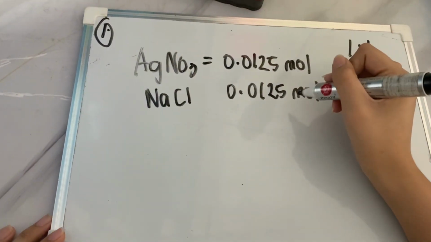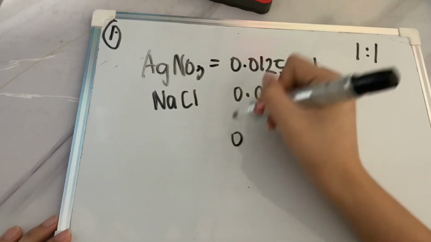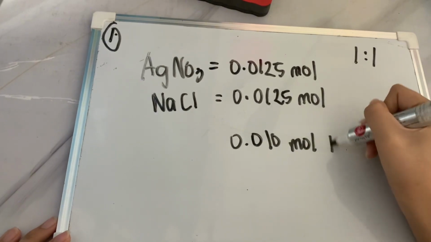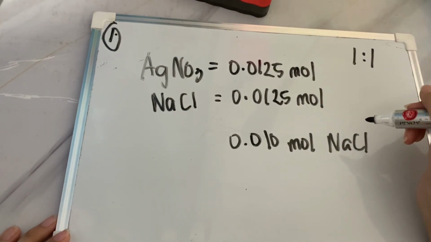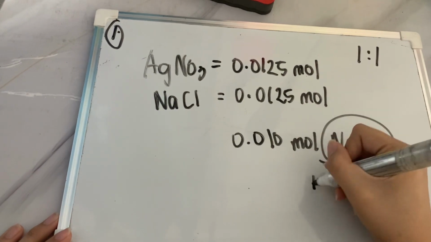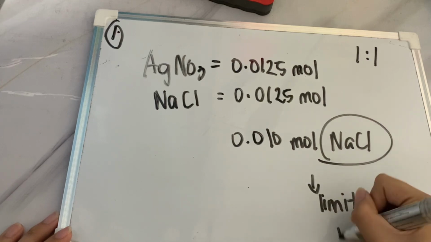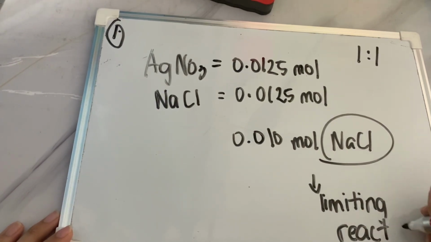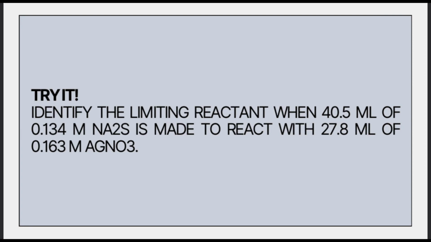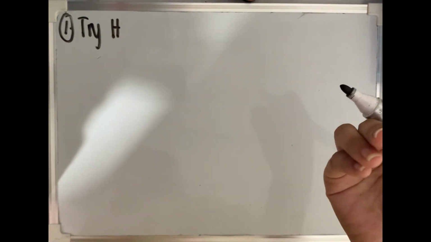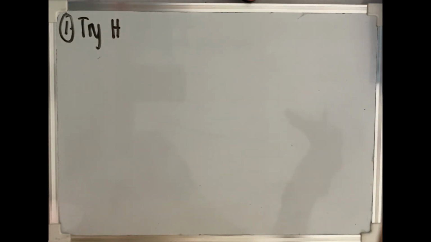But since sa atong pag-solve atong nakuha lang is 0.010 mole of NaCl, therefore sa kanina nga equation nakabalo nato nga si NaCl ang atong limiting reactant, because as you can see nag-limit lang siya. After nakuha na nato ang example number 1, we will now move on to the try it number 1 para mabalo nato kung na-apply ba nato ang na-learn sa example number 1.